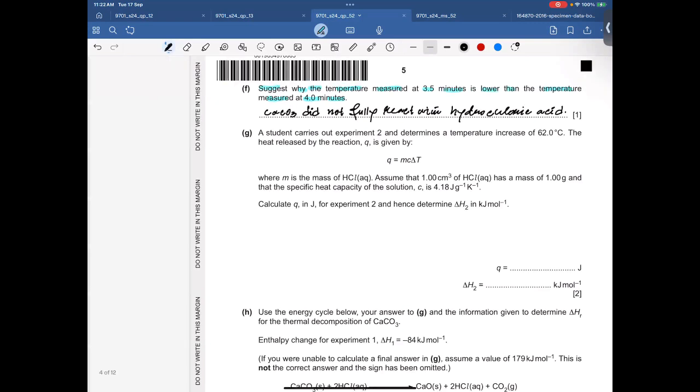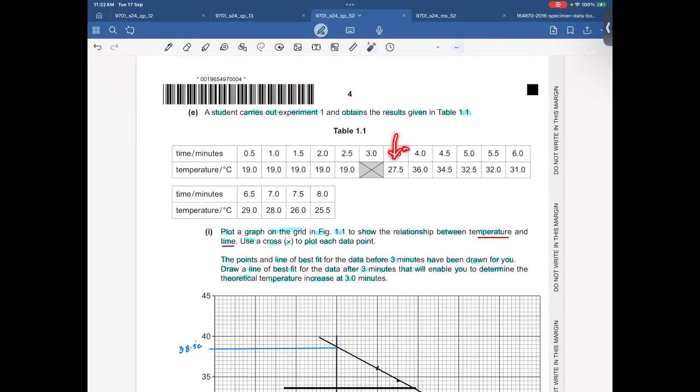Okay, that's what the examiner is talking about. Lower and then higher.